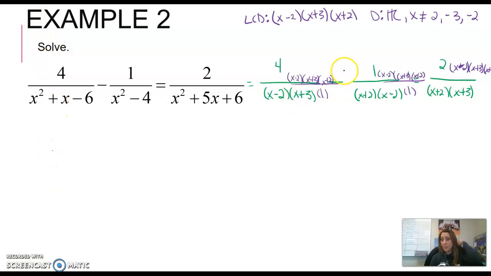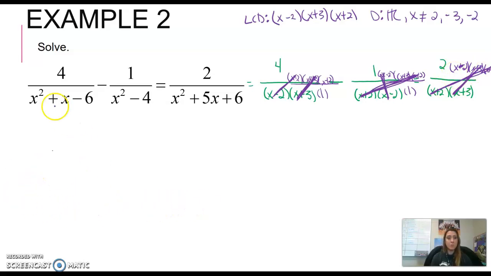If I do that multiplying, I can do that right here. I have an x minus 2 over an x minus 2, so you can see that I wrote the lowest common denominator all over 1. The x minus 2 right here turns into a 1. The x plus 3 turns into a 1. I have an x minus 2 right here, and an x plus 3 right here, and that turns into a 1. I have an x plus 3 right here, and an x plus 2 right there.